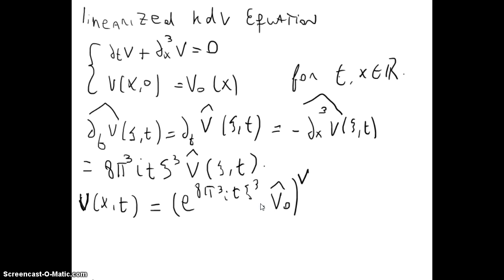This is going to be equal to S_t convolution b_0, where S_t has to do with the anti-transform of this part.